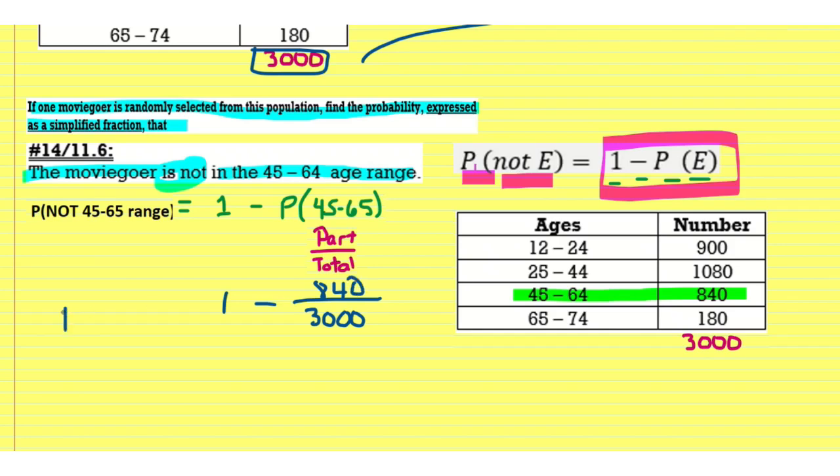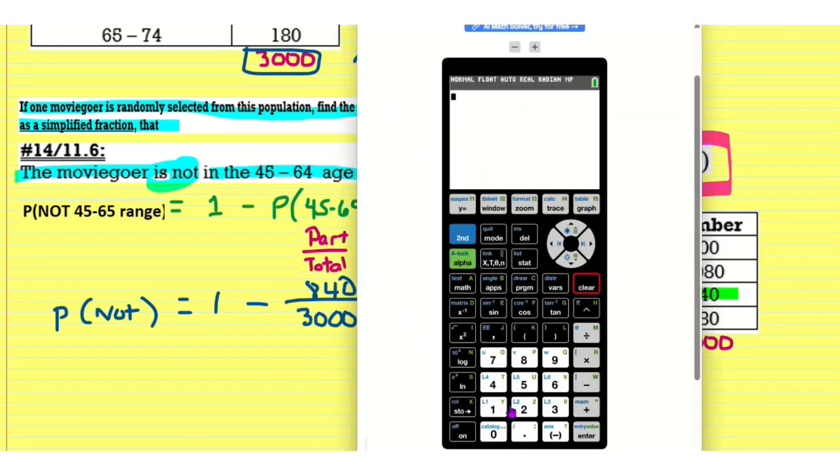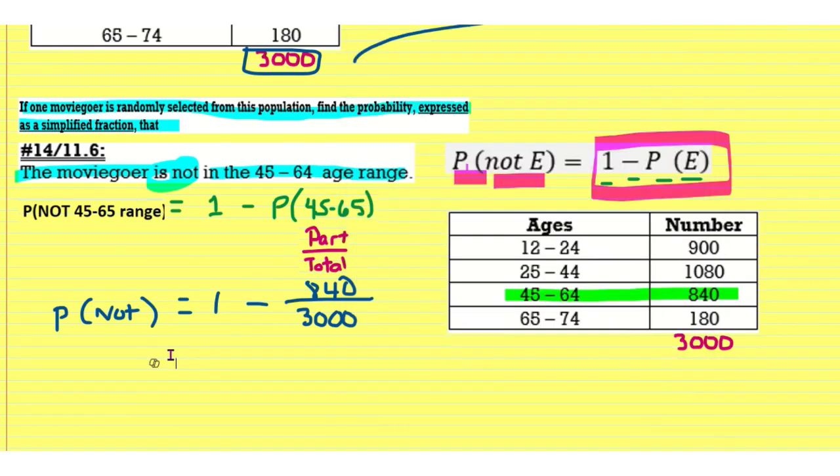So the probability that they are not in this group is going to be equal to 1 minus this probability ratio. Okay, when I go ahead and put that into my calculator, it's 1 minus, alpha F1 to get a fraction function, 840 in the numerator, arrow down to the denominator, 3000 in the denominator, and that gives me a final probability of 18 over 25.